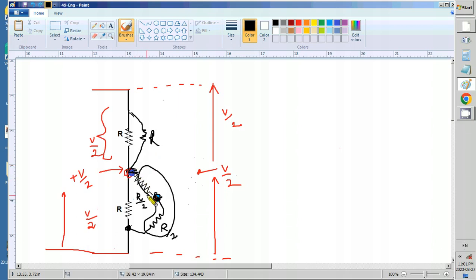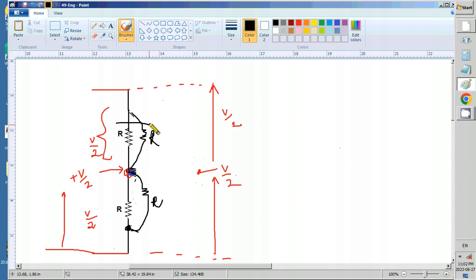So we were going to write the equivalent resistor for these two. R divided by 2, R divided by 2 are in series. So R. So let us write 1 R. Let us draw 1 R here.